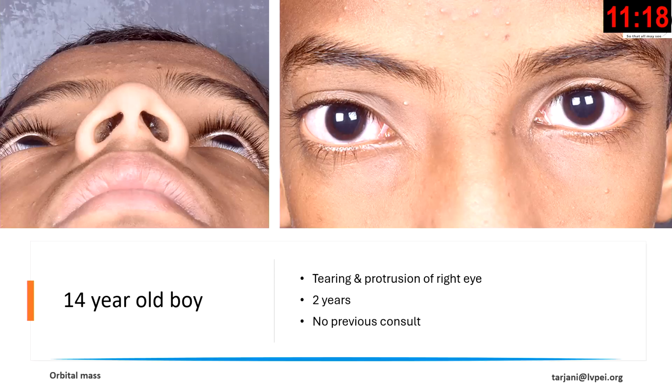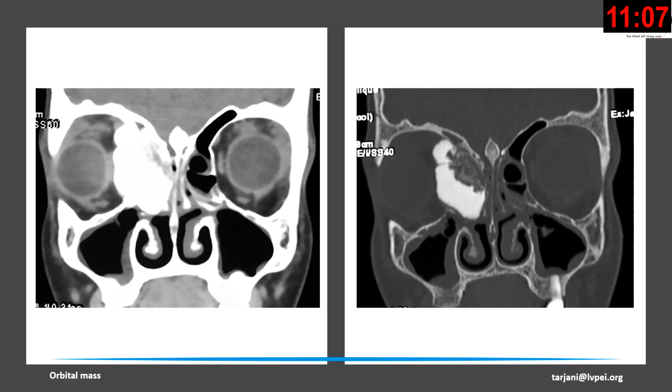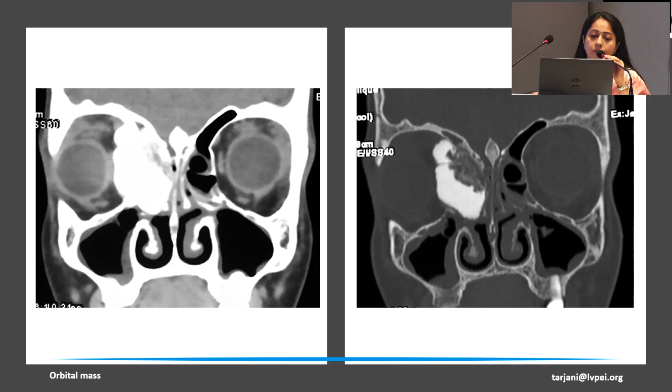He did not have much proptosis, as you can see on the worm's view, but certainly had lateral dystopia of the eyeball. Obviously the next thing to do would be to image the patient, and here you see soft tissue and bone coronal cuts in the anterior part, where you can see this large lesion, which is sino-orbital in the medial orbit, with a sclerotic periphery and lytic center.